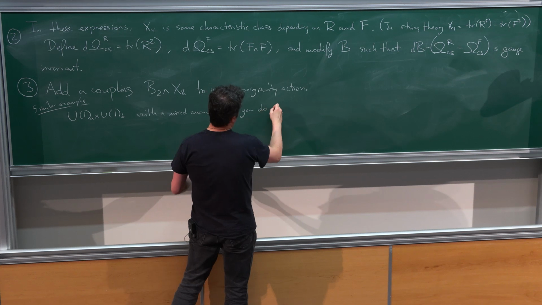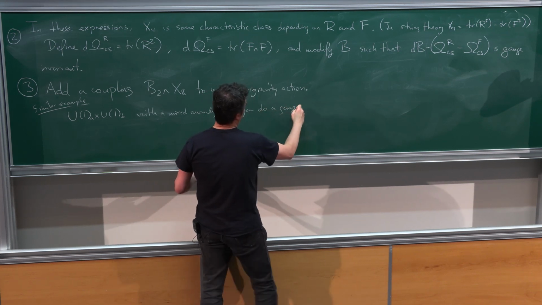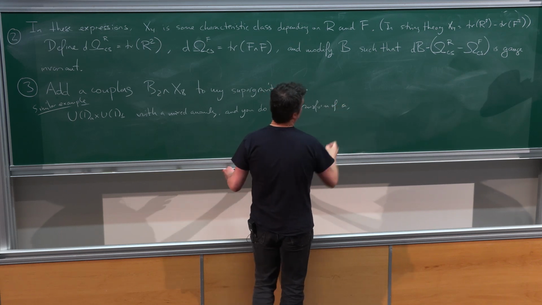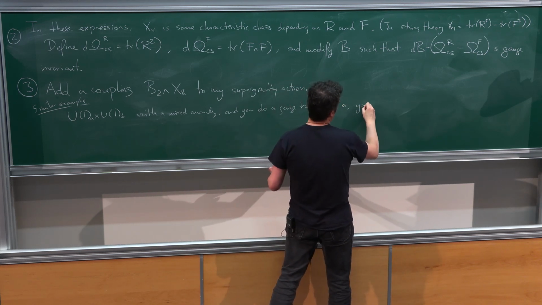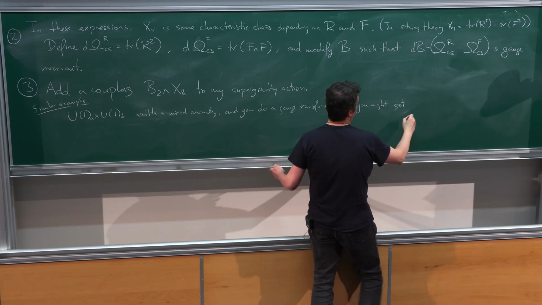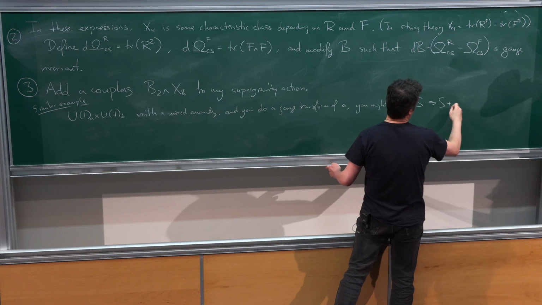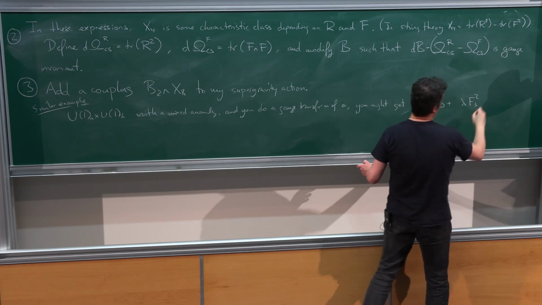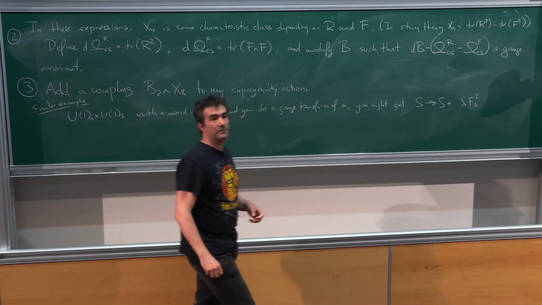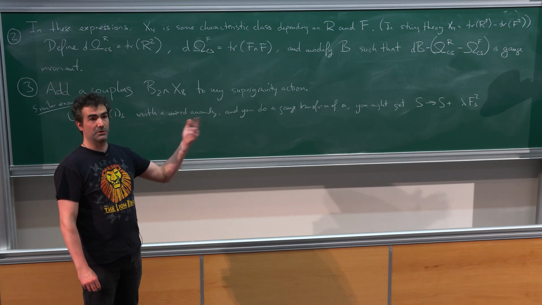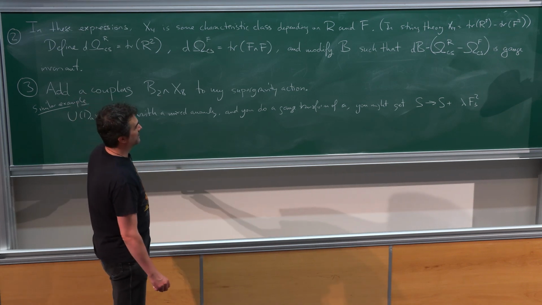And you do a gauge transform of A, say. You might get that the action of your theory goes to the action plus the gauge parameter times F_B squared. Right? You mean that the anomaly is F_A F_B squared. That's what you're going to get. That's an anomaly.